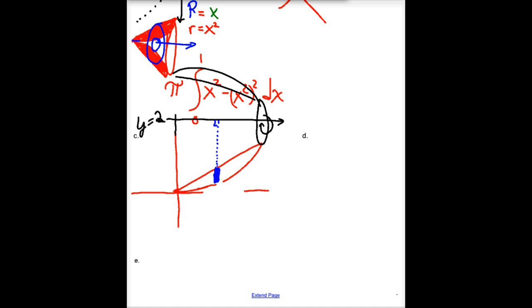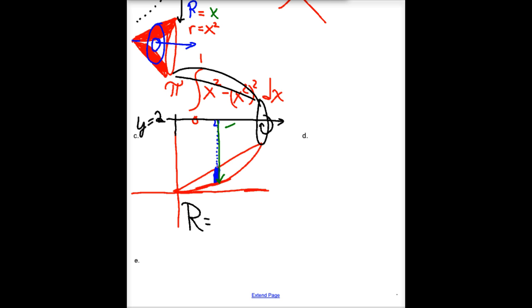R can be a little tricky, but if you can draw it and visualize it, you can do it. Big R is from the axis of rotation, up here to here. That would be the radius of one cylindrical washer on the whole big thing. And then we're going to drill that hole out in just a moment.